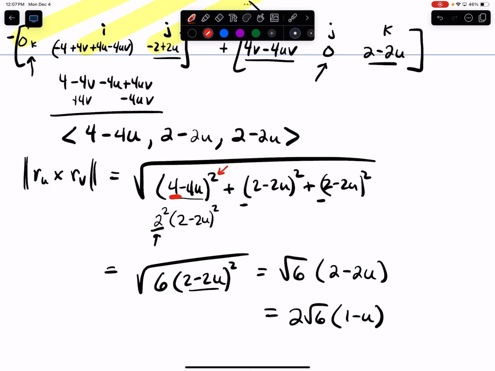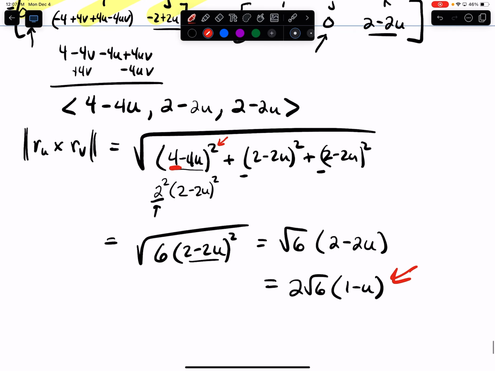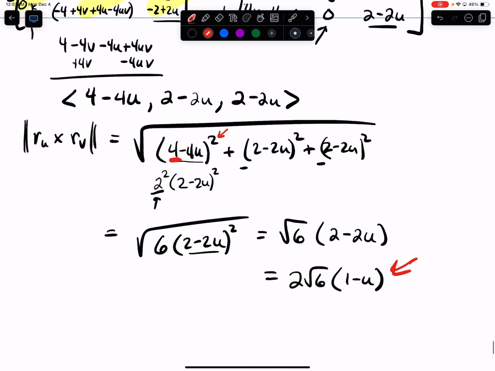When I square root this, the 6 doesn't simplify, but this thing becomes just 2 minus 2u, because the square root of the square is just the absolute value. And u is between 0 and 1, so we can drop the absolute values. So we get this thing right here, all that to get that ugly thing there.